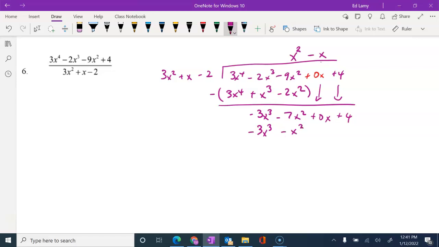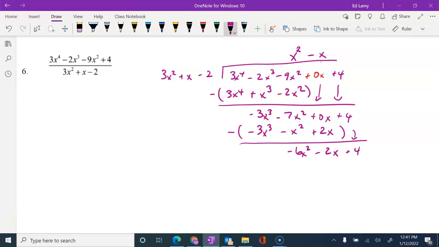Negative x times negative 2 would be positive 2x. And subtract. The x cubes are gone. Negative 7x squared plus an x squared would be negative 6x squared. 0x minus 2x would be negative 2x. And I'll bring down that 4.